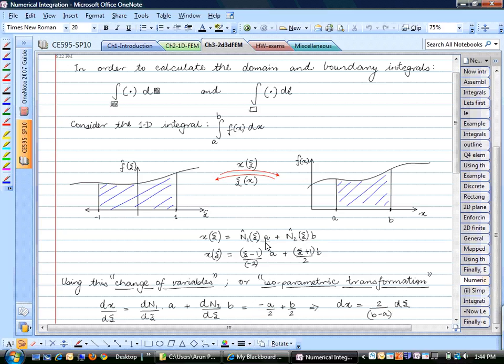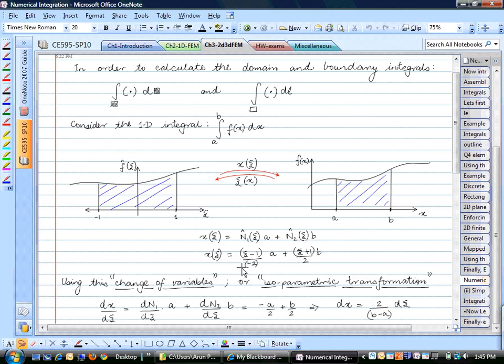This is the 1-dimensional shape function. You can see that if I plug in the value of c as -1 into this expression, I get -2 divided by -2, that is 1, that is a right here. So -1 is mapped to a, +1 is mapped to b. Everything in between is a linear map.